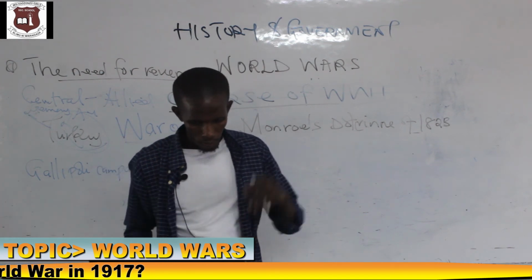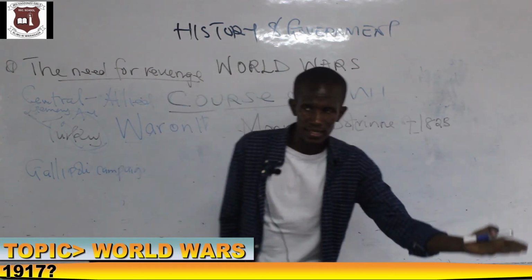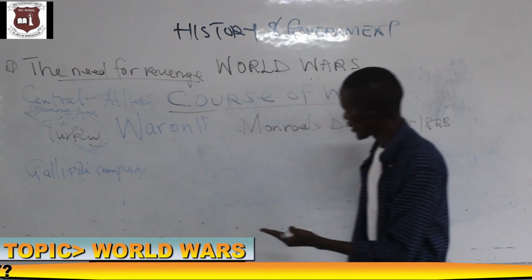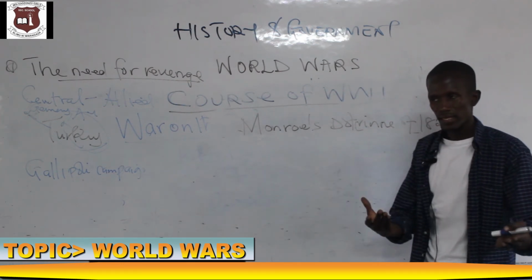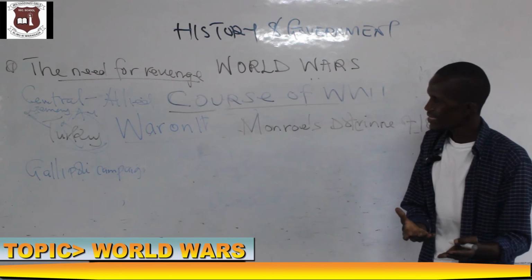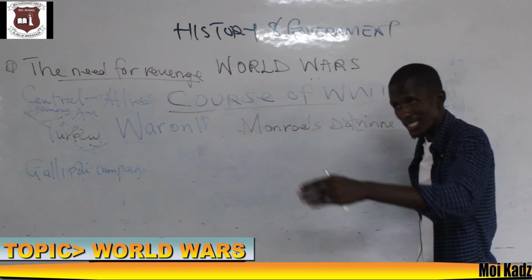Another was the policy of unrestricted submarine warfare that was initiated by the Germans. What I mean is that the Germans decided to sink any ship that moved into their territory.